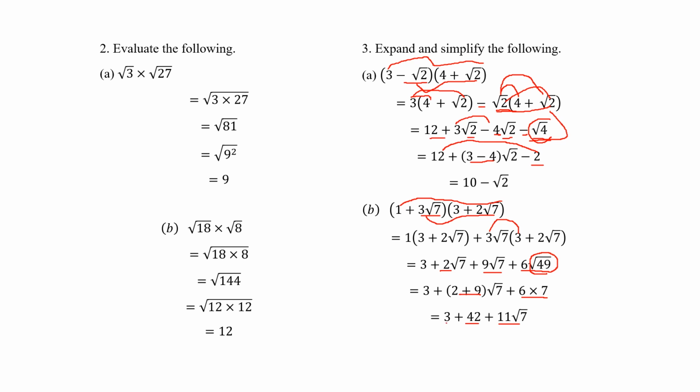Then on the next step, we are going to see the answer when we add 42 to a 3. So that one gives us 45 plus 11 root of 7. So this one we cannot add further because they are not like terms.